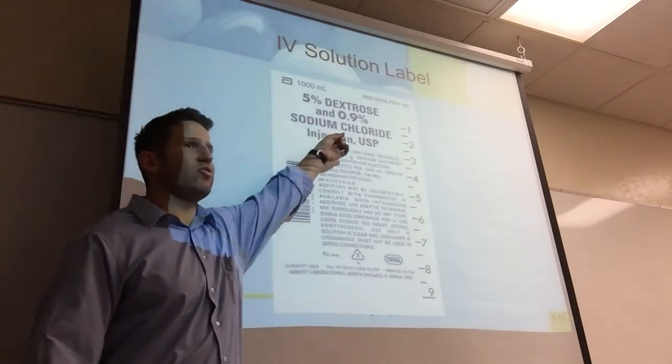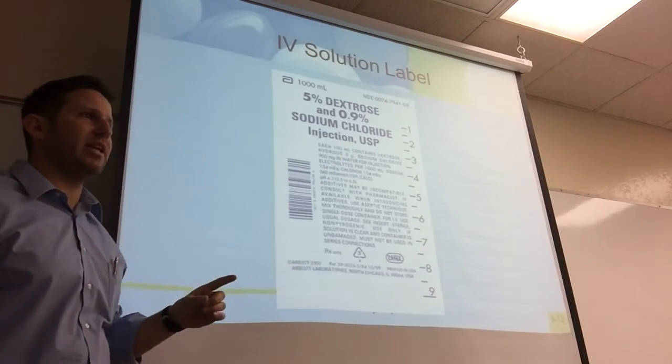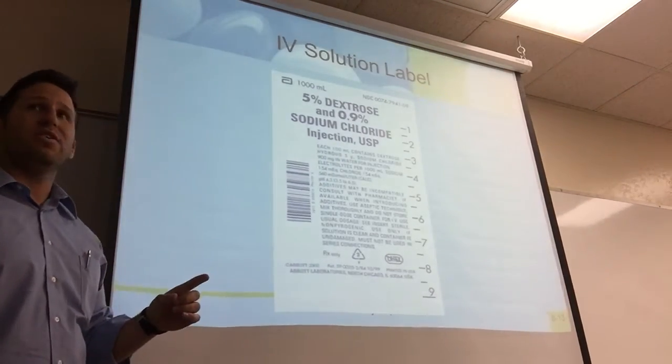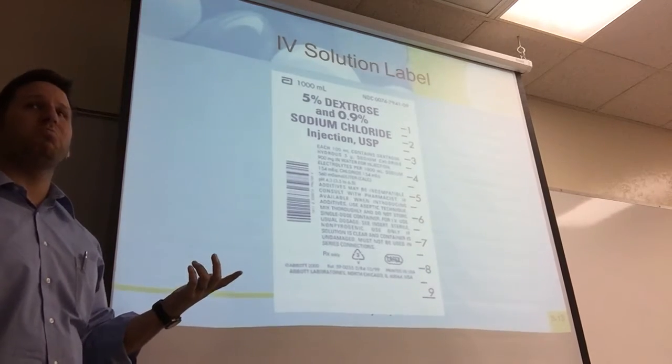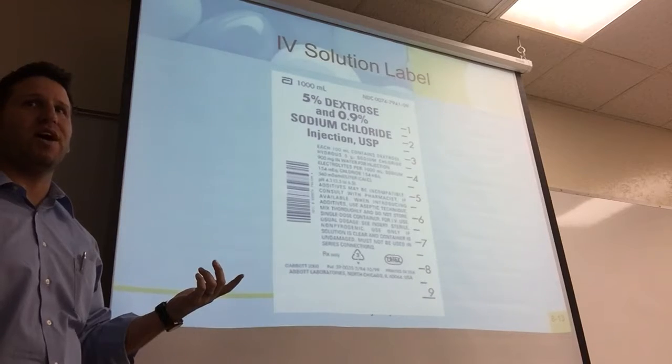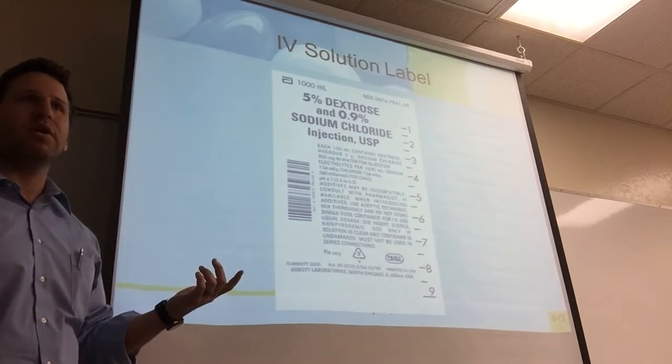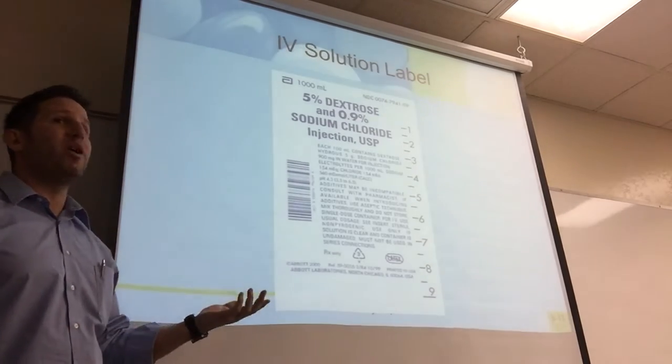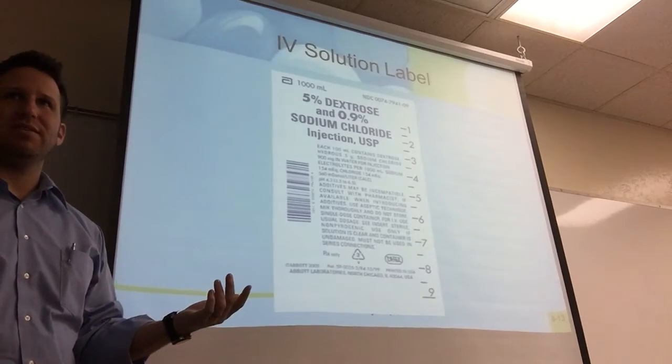Because 0.9 is normal. What if I have quarter normal saline? 0.9 times 0.25, or 0.9 divided by 4, will get you 0.225%.